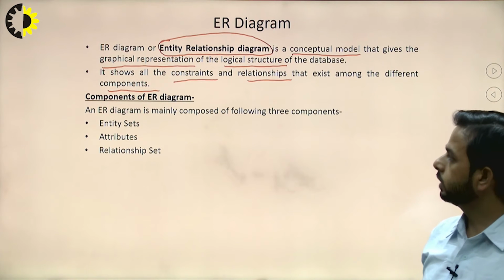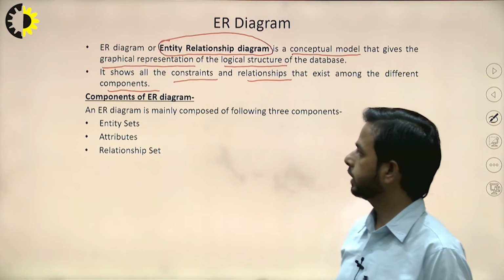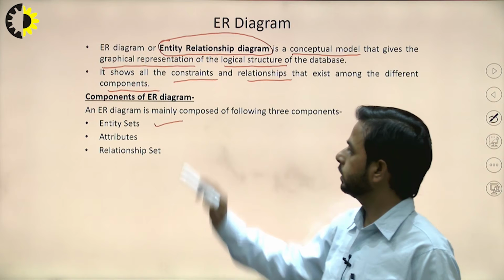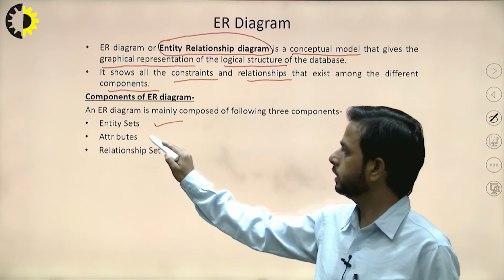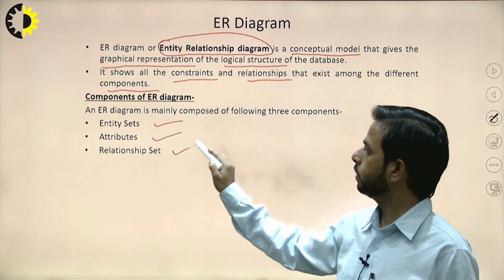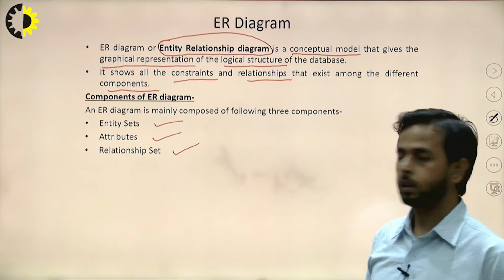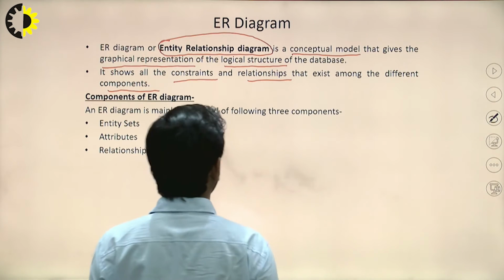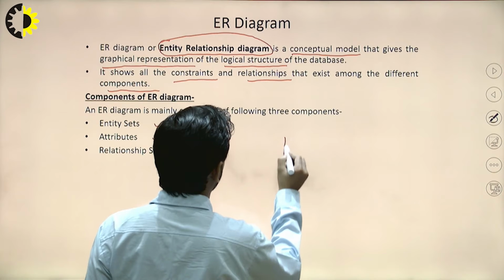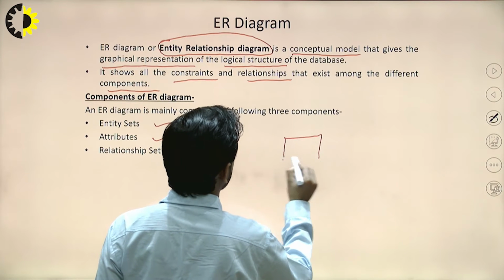What are the different components of an ER diagram? First is the entity set, second is the attribute, and third is the relationship set. Generally we denote an entity set with a rectangular box.